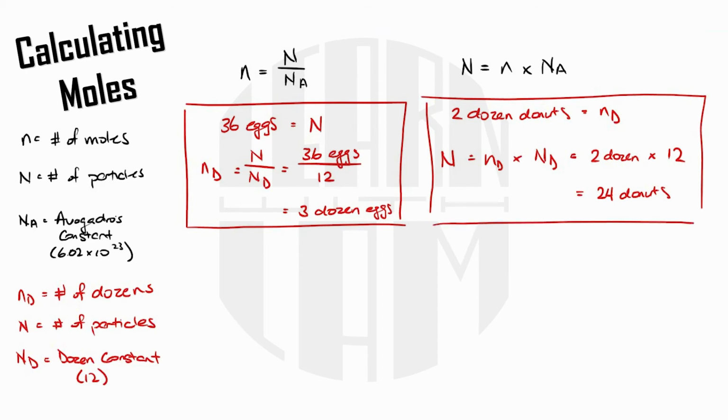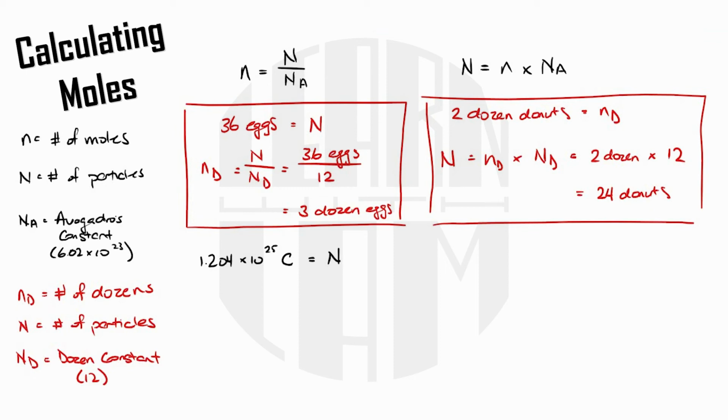So we're ready for a mole example? I'll do them right under the dozen examples so you can see how they're almost exactly the same. If you have 1.204 times 10 to the power of 25 atoms of carbon, how many moles of carbon do you have? Going back to our first equation, the number of particles here is 1.204 times 10 to the power of 25.